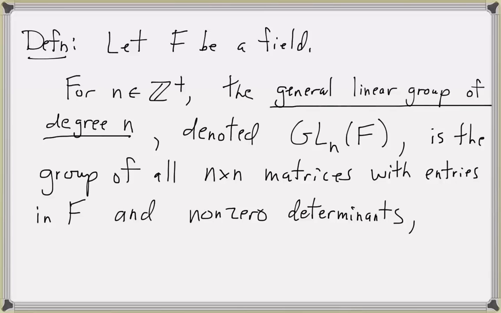So this set of n by n matrices with entries in F with non-zero determinants is a group under matrix multiplication. So GL_n of F stands for the set of all n by n matrices with entries in F with non-zero determinants. And this set actually forms a group.